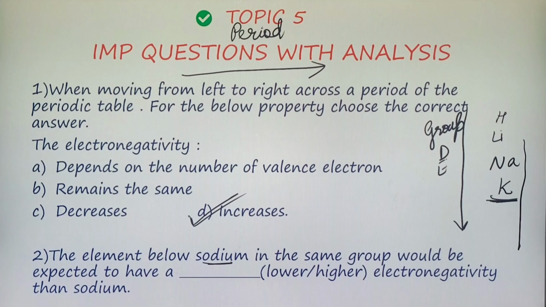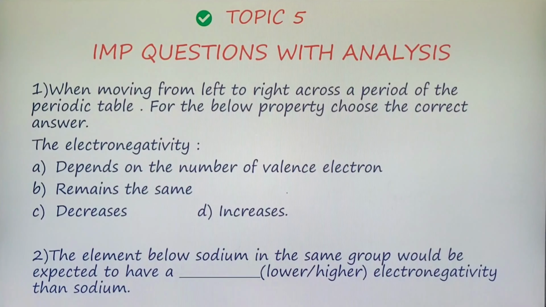We know it decreases. So the element below sodium, that is potassium, will have a higher or lower, children? Yes, we know it will have a lower electronegativity as compared to sodium because from top to bottom, electronegativity decreases.